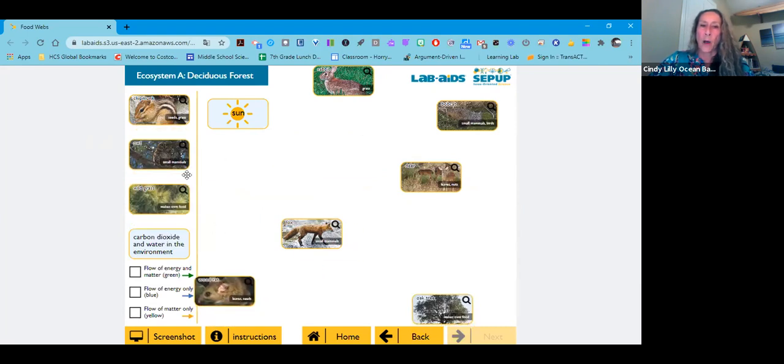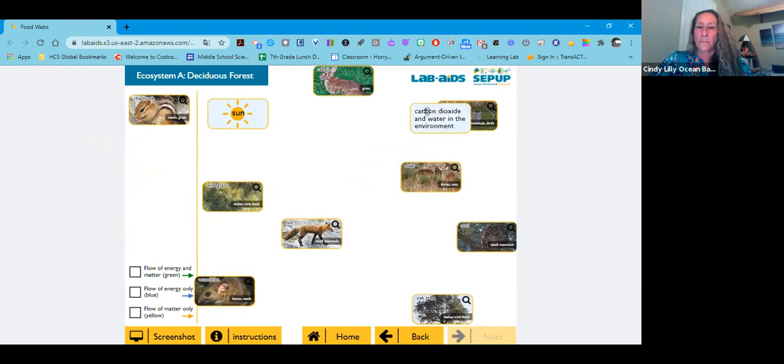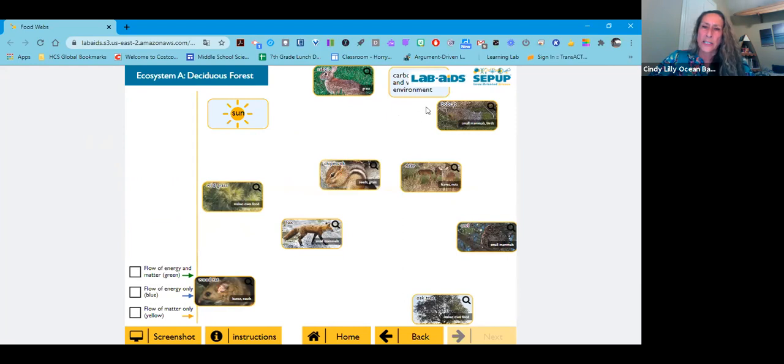It will allow you to drag them on and off of the simulation. One of the things I really like that was added to this is carbon dioxide and water into the environment. So the kids, we have a discussion about photosynthesis with this.